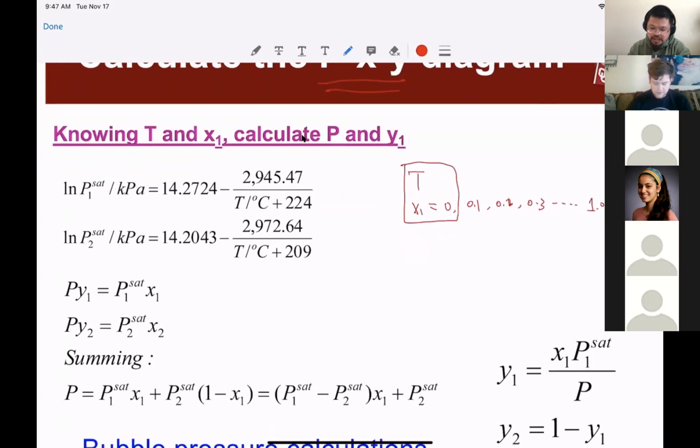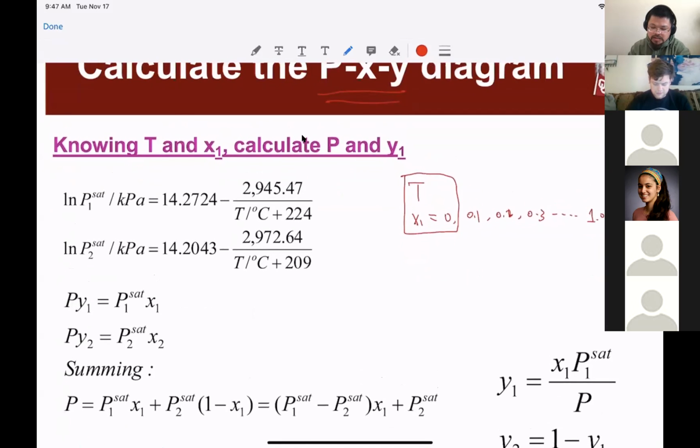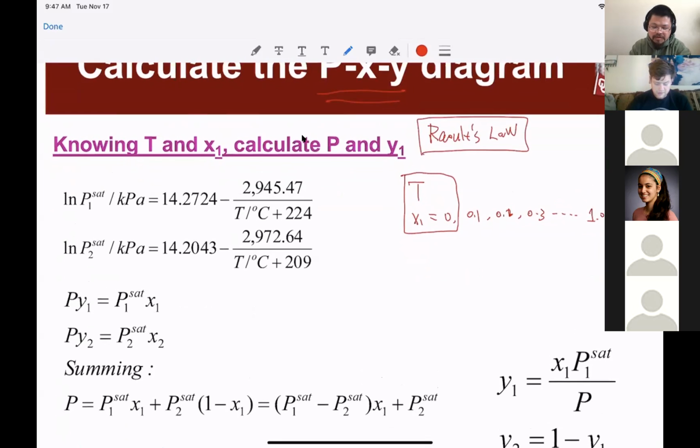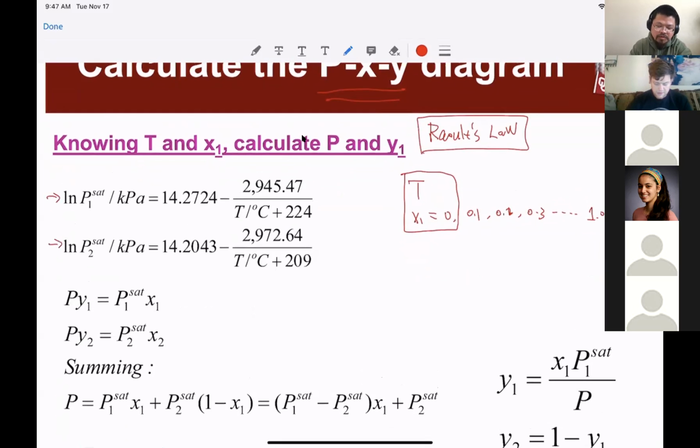If this is the case, then like we discussed, this would be in the region of the Raoult's law. To illustrate the discussion, firstly we write down the two equations. If I know the temperature, then I know P1 sat and P2 sat through the Antoine equation.